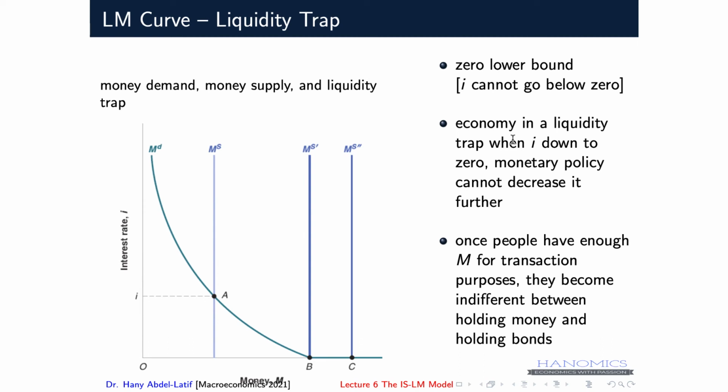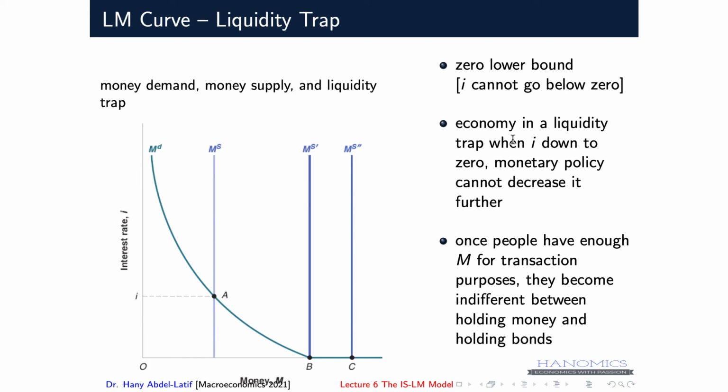Remember why? Because at this point, given that the interest rate is zero, holding money has zero return, but it's the same as the return on bonds, which is zero again. So given that both give the same return, people will prefer holding money to holding bonds, given that money is a more liquid asset.